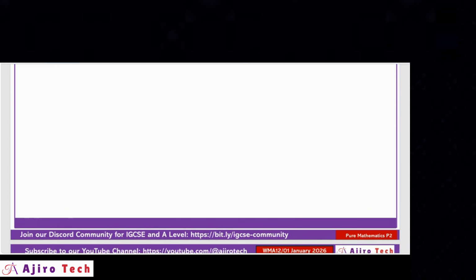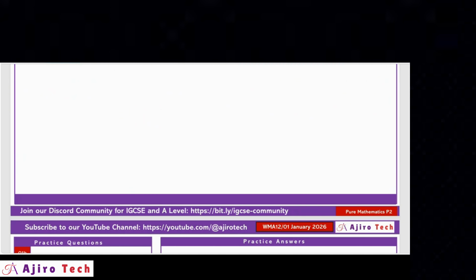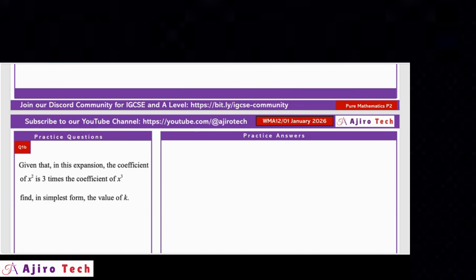What's the coefficient of x squared? The coefficient of x squared here is 5,103 k squared, because k is a constant.